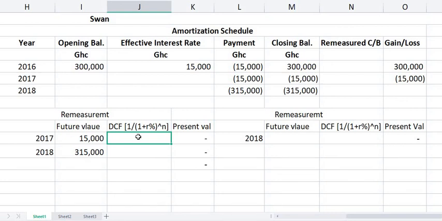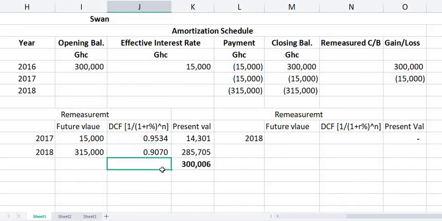The discounting factor for the first year, 2017, is 0.9524, and for the second year, 2018, it is 0.907. So the closing balance of 2016 using the actual effective interest rate without it changing should be equal to the present value of the unsettled coupon.